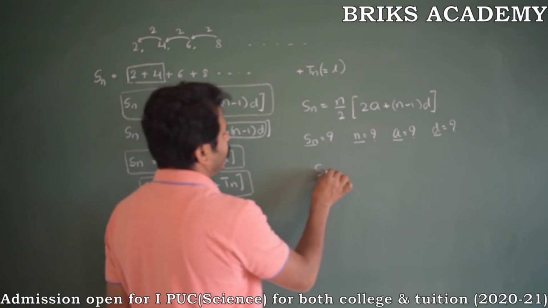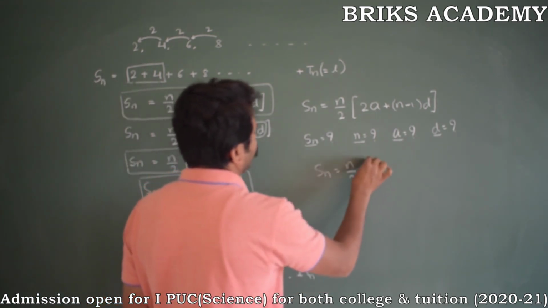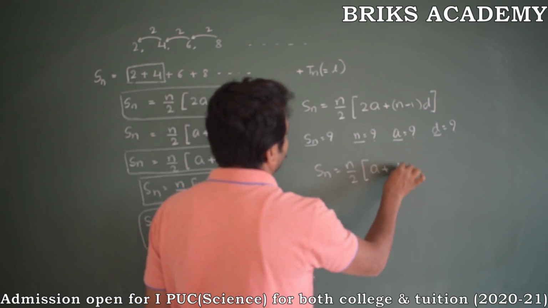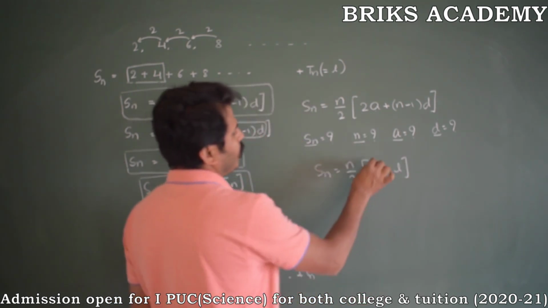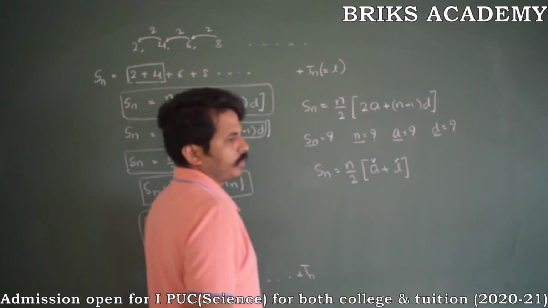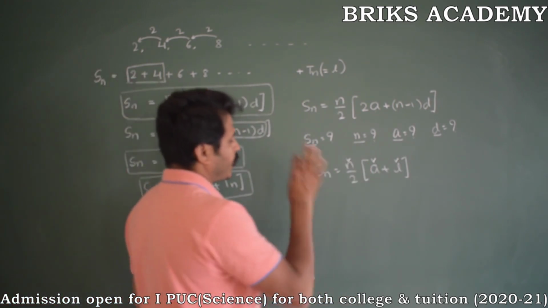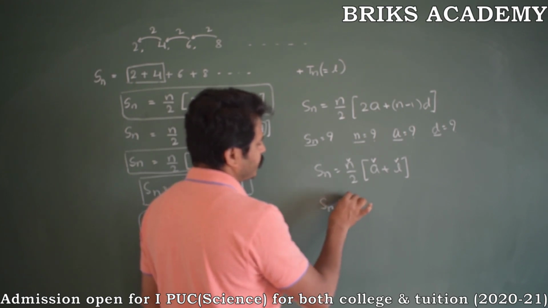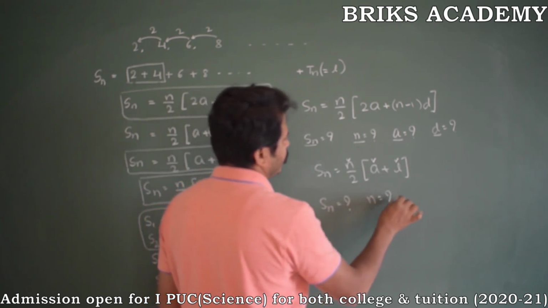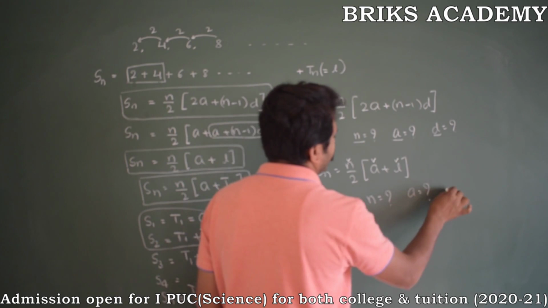Similarly, if I take the second formula, that is n by 2 into a plus L, L is the last term. If you know first term and last term and n, you can calculate Sn. That is, here also again 4 variables, Sn, n, a, l.